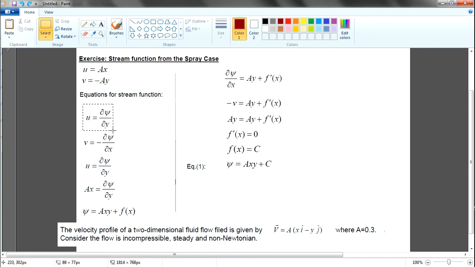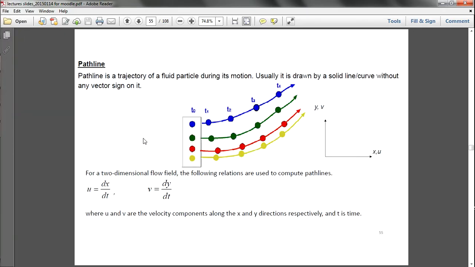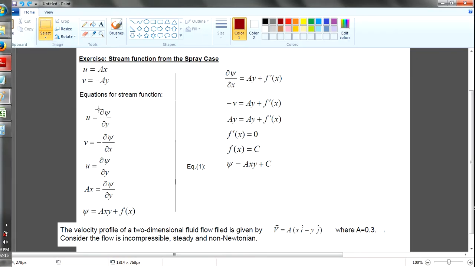As you can see, u is equal to partial xi over partial y. This is an understanding from what we talked about just now, right? u is equal to this thing, if you remember the exact equation. So we just substitute in all the u and the v. This is a very important concept you need to remember.